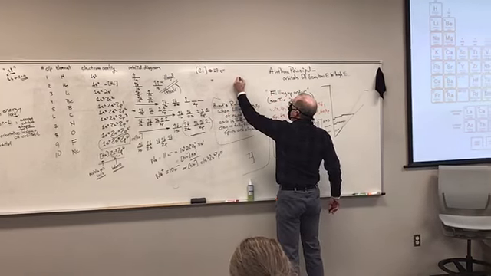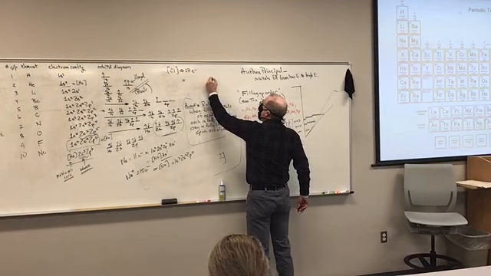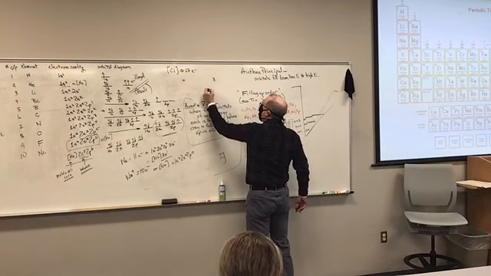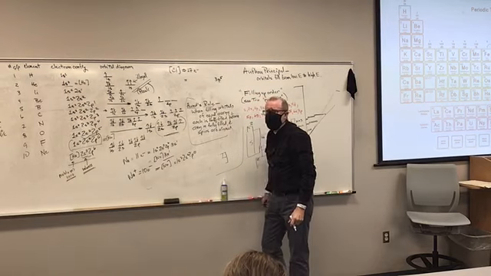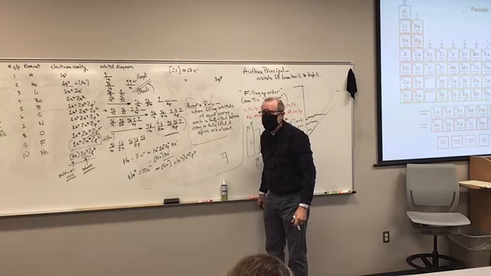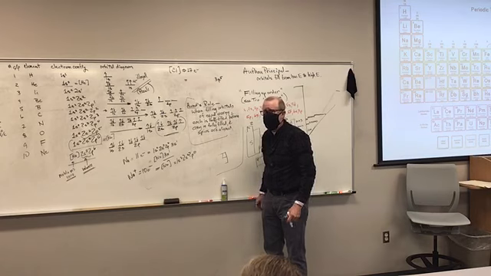Where's chlorine? What row? Third row. What block? P block. What column of the P block? 5. So that means its last filling sublevel is 3p, and it's got an occupancy of 5.